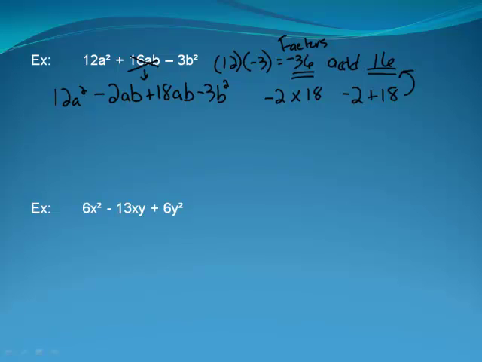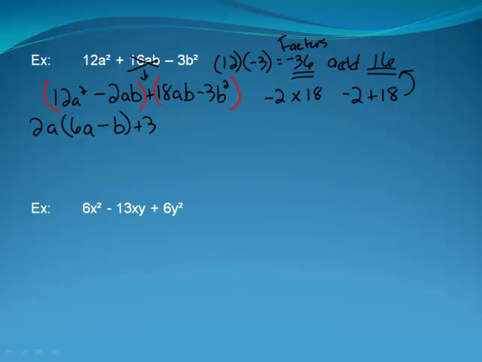You've got 4 terms. You're going to group in pairs. Factor out of each group. So we've got, out of our first group, we can pull out a 2 and an a. That leaves us with 6a minus b. Out of our second group, we've got a common factor of 3 and one of the b's.